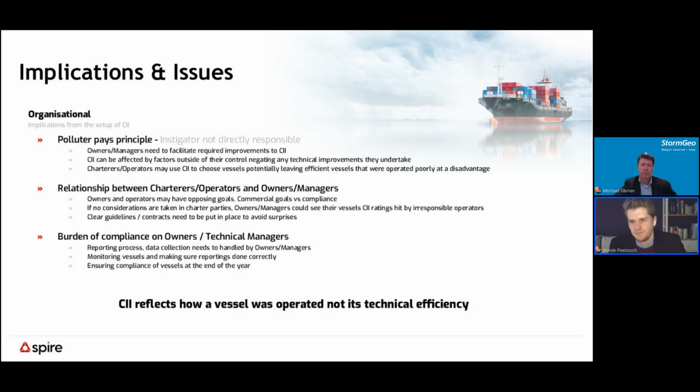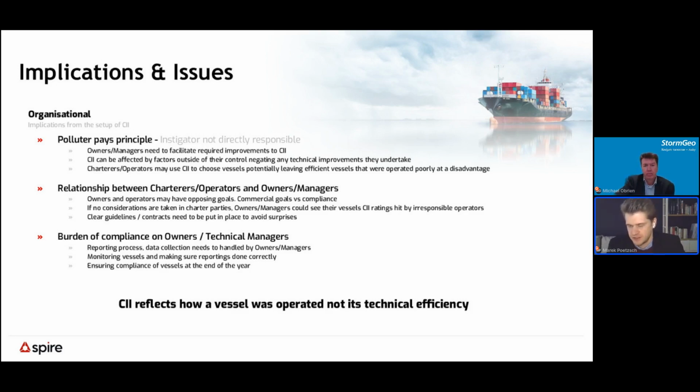Depending on what kind of relationship these two parties already have, it could potentially create some tension, because inherently the goals are, at least in respect to CII, somewhat in opposing directions.